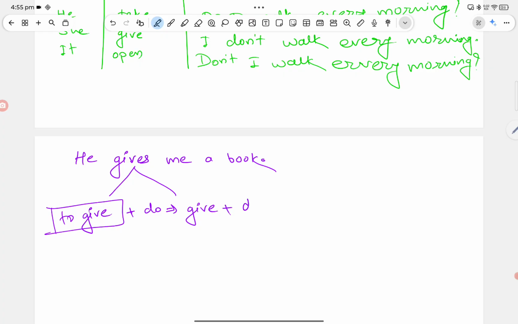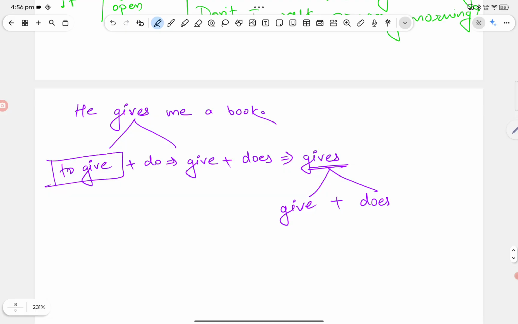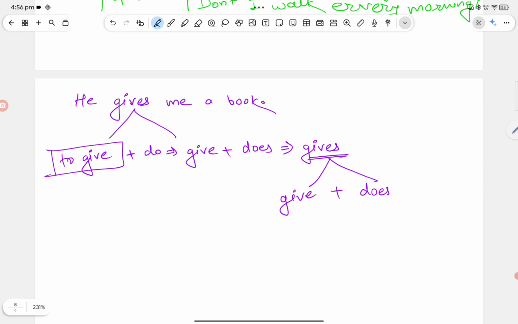When we add does to it, it becomes gives. So it is made up of give as the base form of the verb plus does. This infinitive form never changes in any of the tenses.